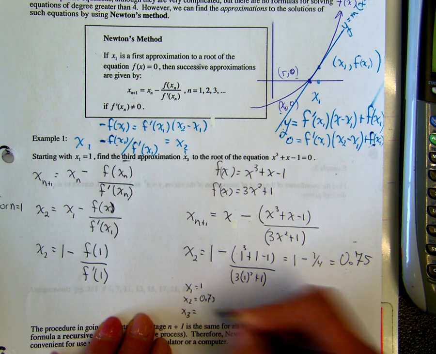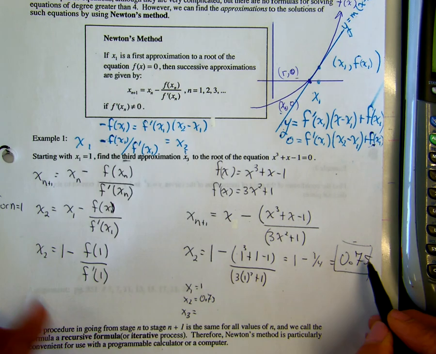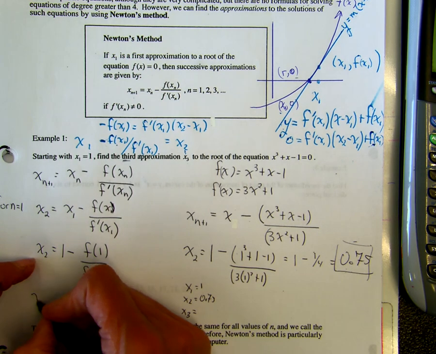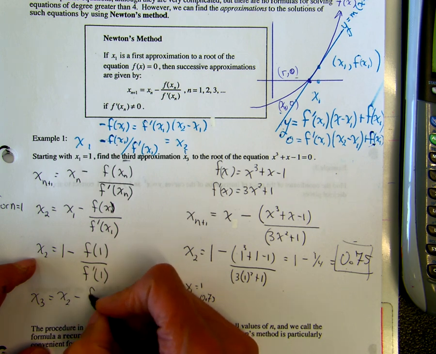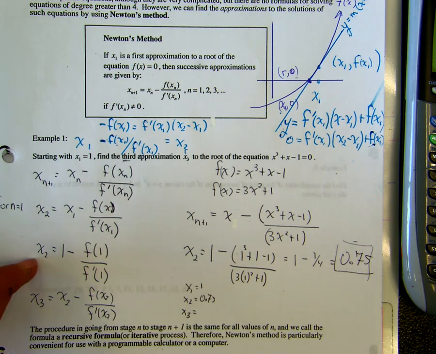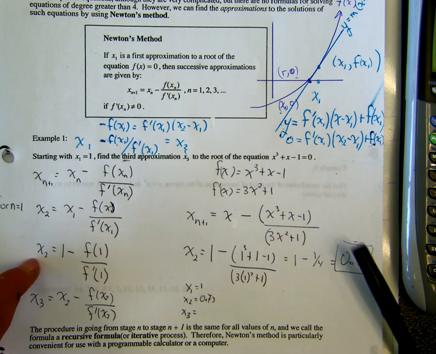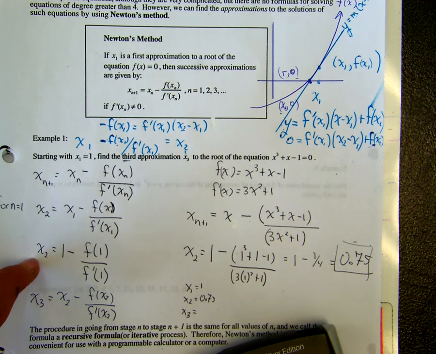What's x3? Well, now I'm putting this value into this equation. x3 is equal to x2 minus the function at x2 all over f prime at x2. This is getting really tedious. Let's use our calculator to give us a hand.